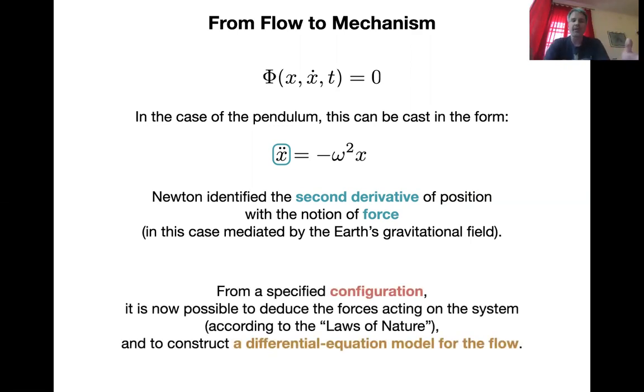So from a specified configuration, the specific conditions that we were talking about when I talked about the deductive-nomological model of explanation, it is now possible to deduce the forces acting on the system according to the laws of nature, the laws of gravity. And you can construct a differential equation model of the flow. It's a very powerful tool.